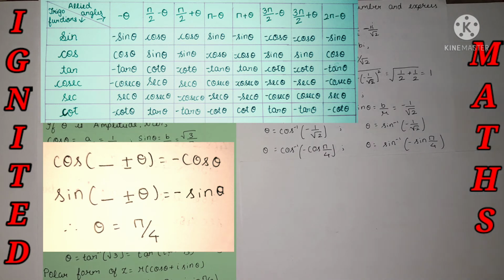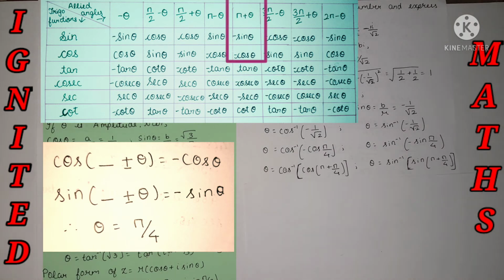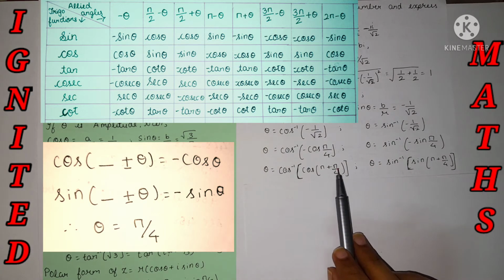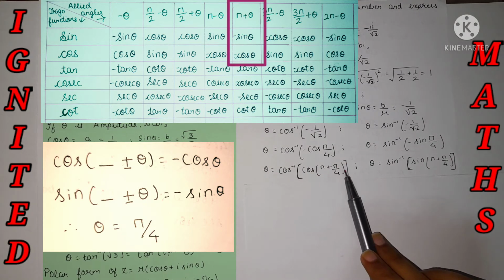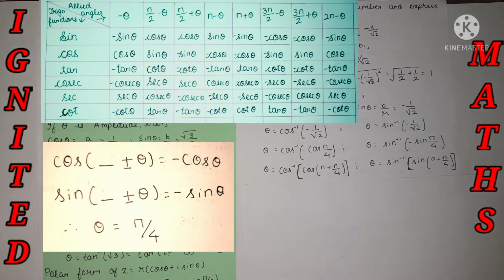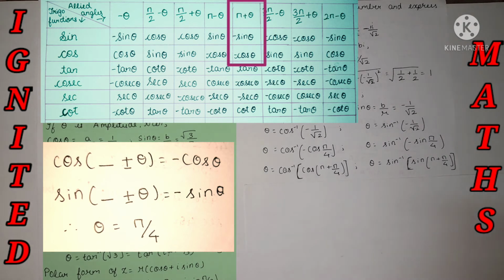So just apply it over here and we will get cos of pi plus pi by 4, which is nothing but minus cos pi by 4. Just compare with the trigonometric functions of the allied angles.